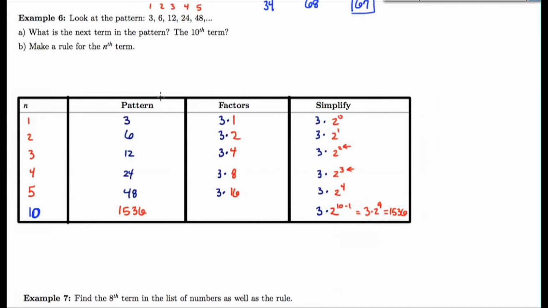So let's take a look at the rule here. y would be, so what do we do here? We take 3 and we multiply it times what? 2 raised to the n minus 1. And that would be our answer for part B.